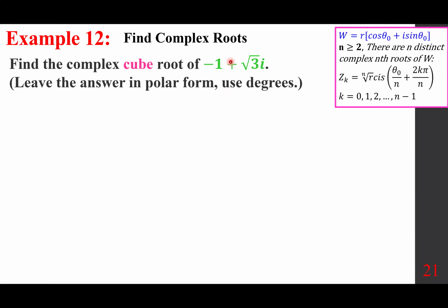And to do that, we need to find the r first. So r is the square root of x squared plus y squared. That means square this number and square this number under the radical.